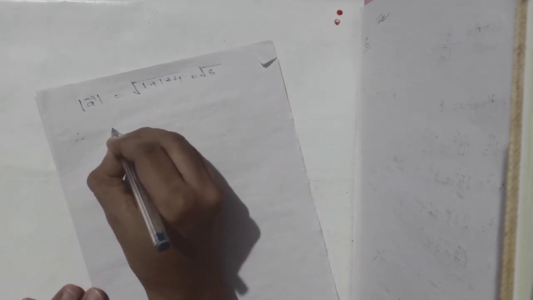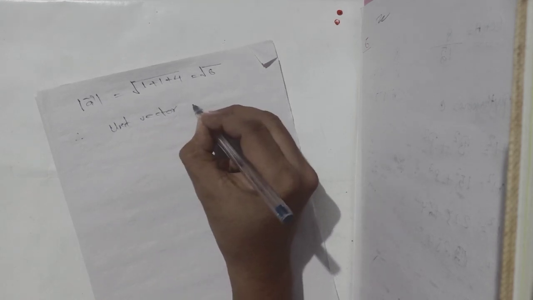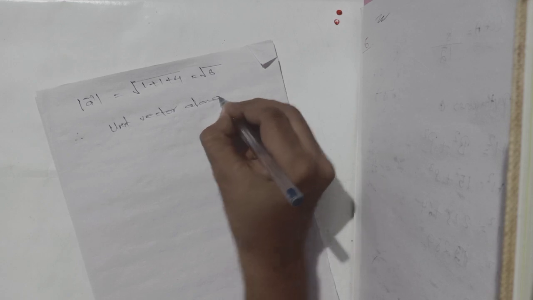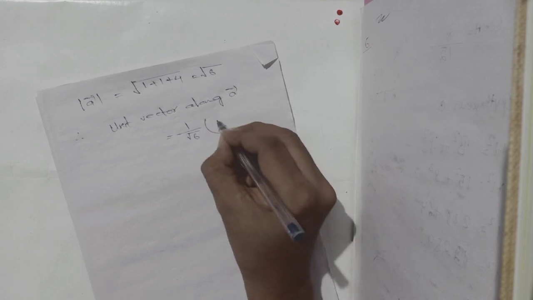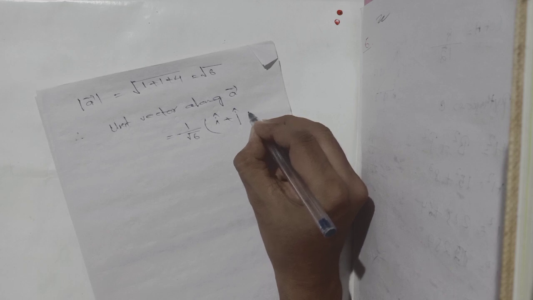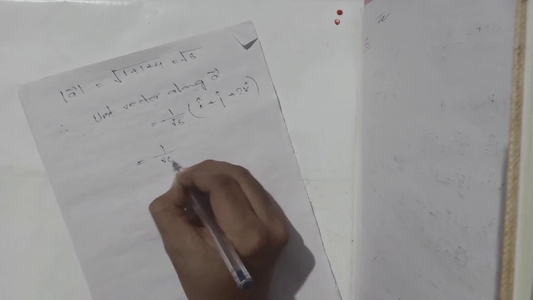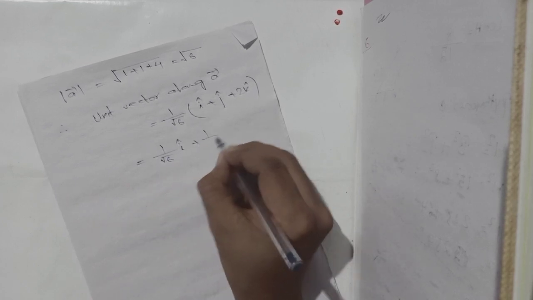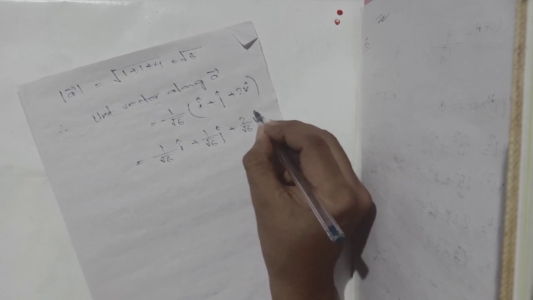Therefore the unit vector along A vector will be 1 by root 6 into I cap plus j cap plus twice k cap, and it will be 1 by root 6 I cap plus 1 by root 6 j cap plus 2 by root 6 k cap. That is the answer of this question.